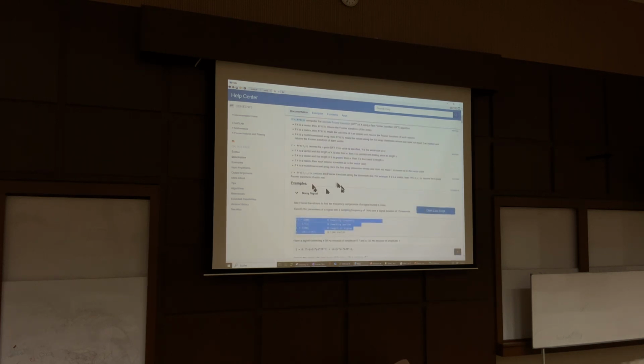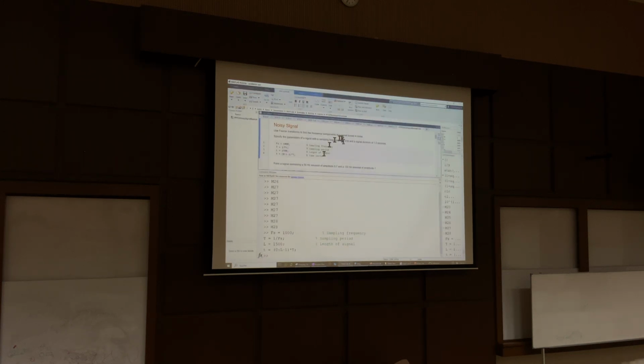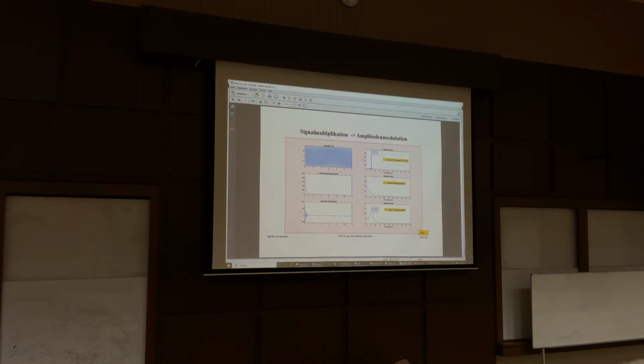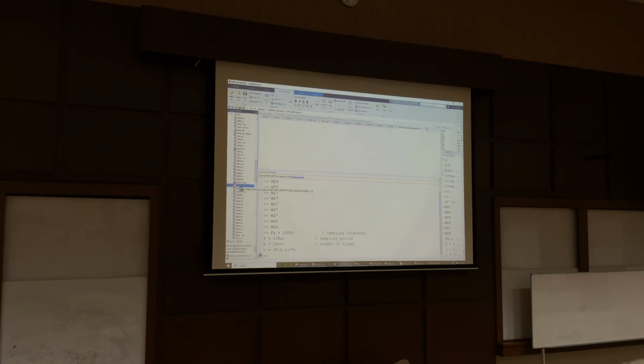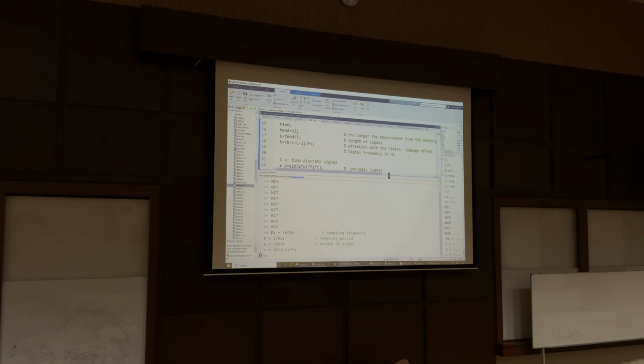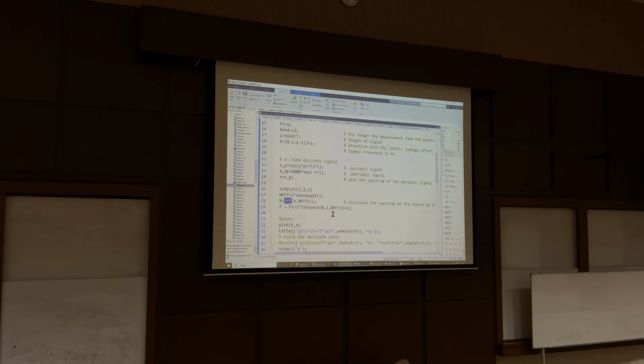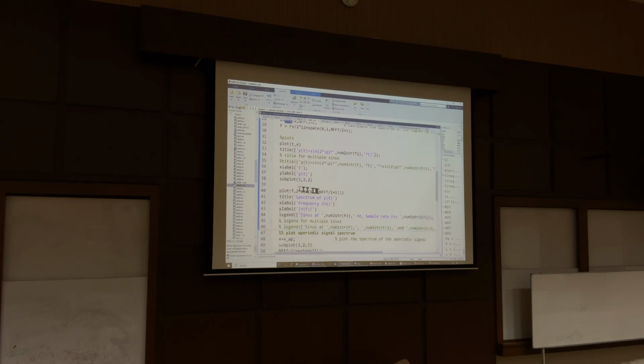This FFT gives me the Fourier transform, and when I do that, here in my 29 underscore 1, you see, I have my FFT, and then I plot the absolute value, which is the spectrum.